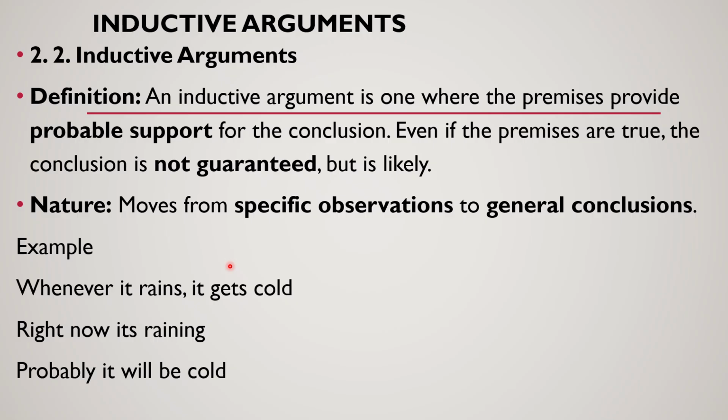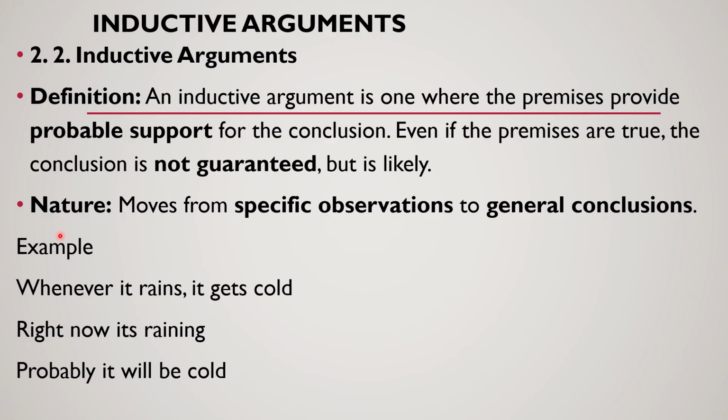Here, we can also say that conclusions are inferred with probability and not with certainty. If the premises are true, the conclusion is still not guaranteed, and therefore you cannot give a specific inference in the conclusion, but you give a conclusion in probability.